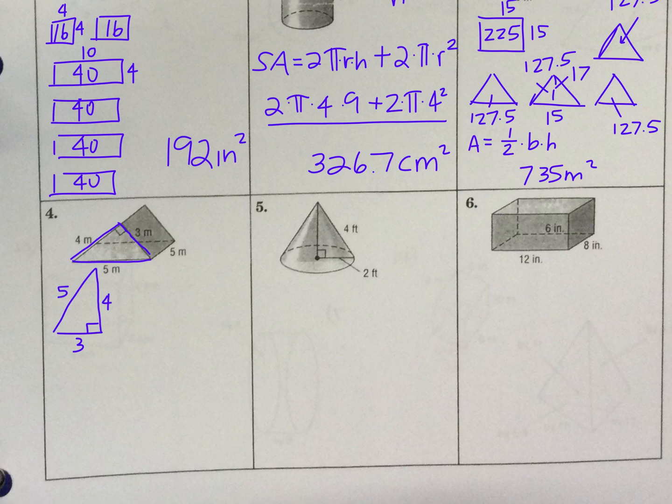So we have 2 of those. And I've got to figure out the area. 1/2, the base is 3, the height is 4. So if I do that, I end up with 12. Nope, half of 12. 6. So each of my triangles are 6.